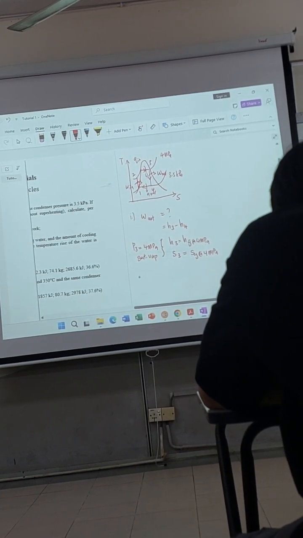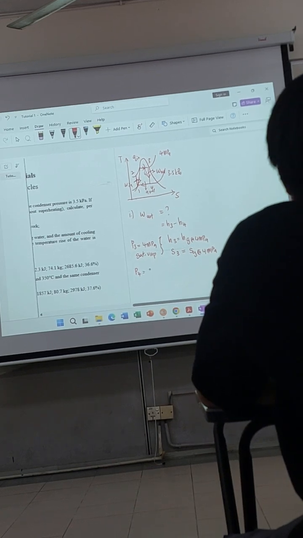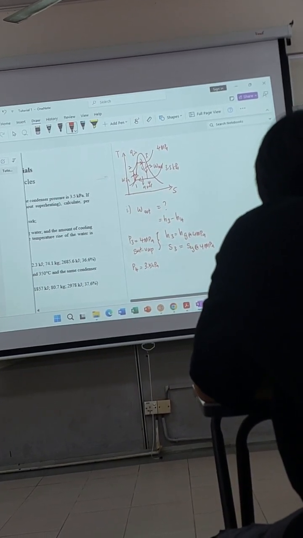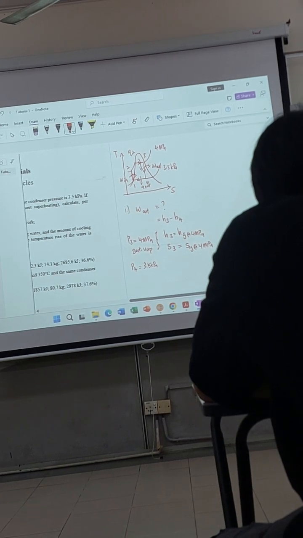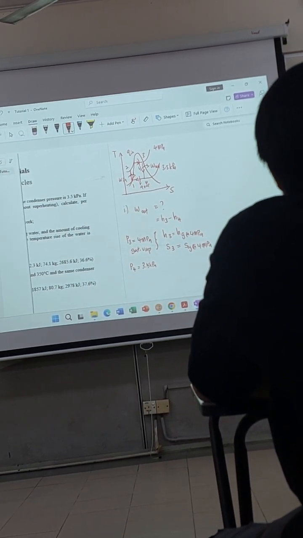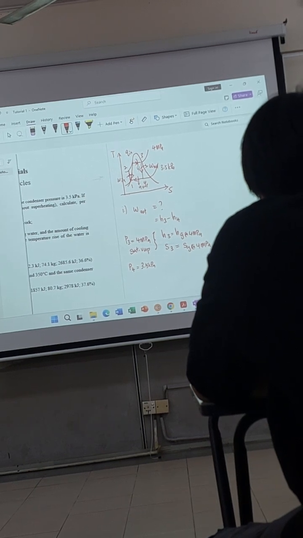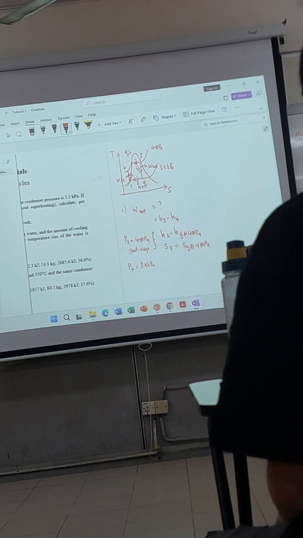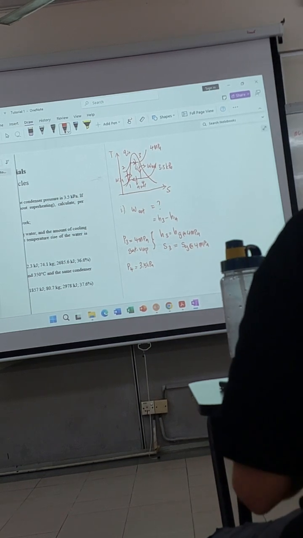So state 4 will be P4 equals to 3.5 kilopascal. And logically speaking, even if you don't check, you know that this is a saturated mixture because 3 is already saturated vapor. So there's no way where it goes vertically down that it will reach any other state. It will definitely be saturated mixture.